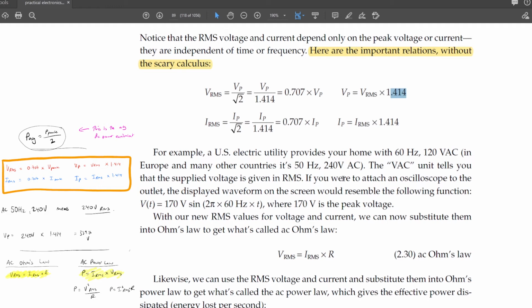Ah, this is good. I'm liking it. This is where I enjoy maths. I enjoy maths when I can actually apply it to something, especially something I'm interested in. So times 1.414. Wow. 339.36 volts. That's crazy. Let's see if this is true, right?